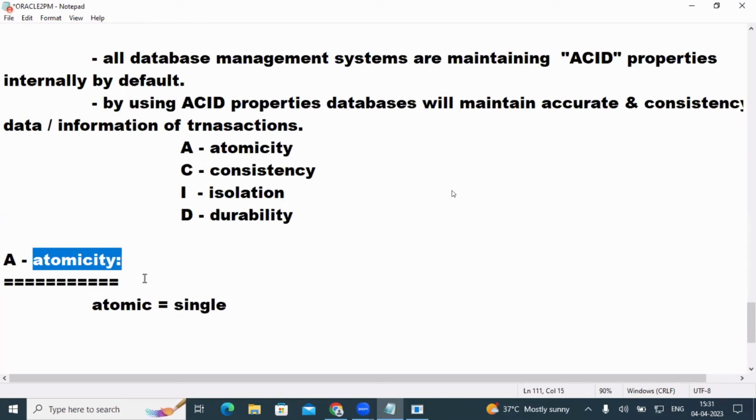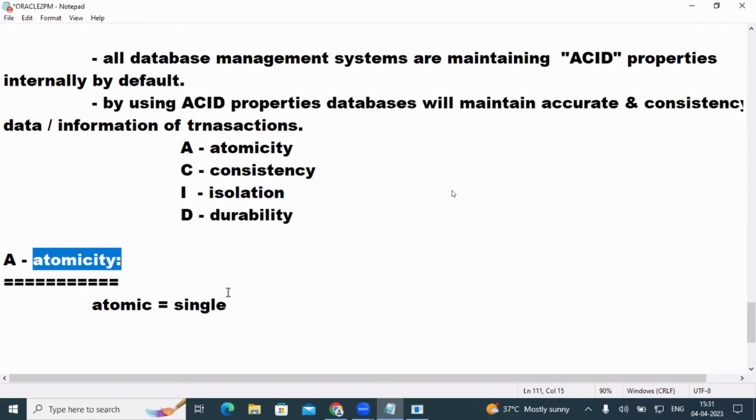Got it now? So that's why I said what I said. After doing your operations, if you commit, all are committed. If you roll back, all are rolled back. Understand now? So this is how it is possible.